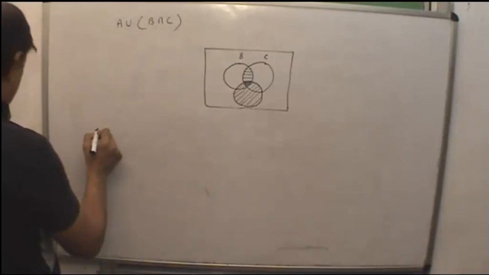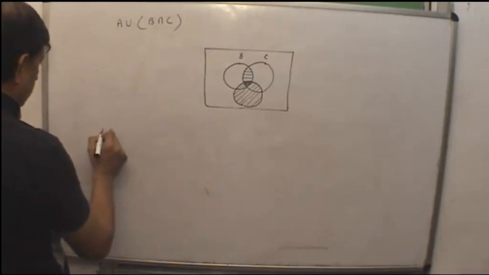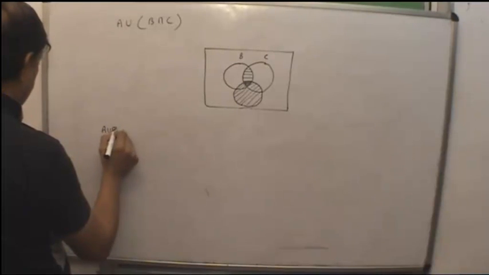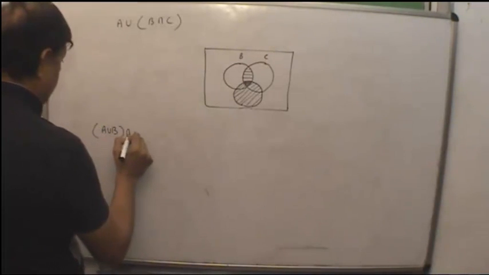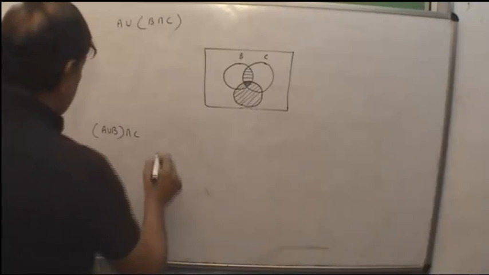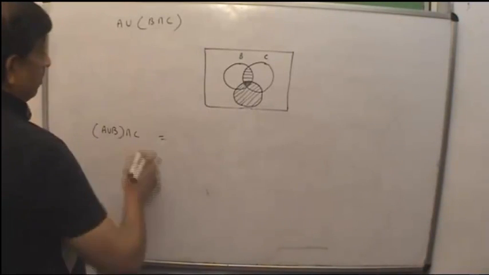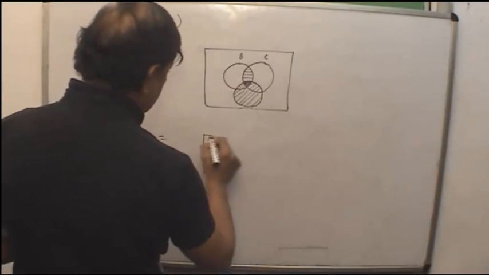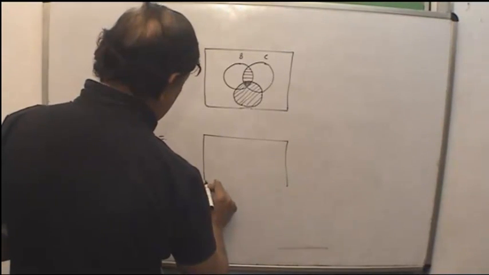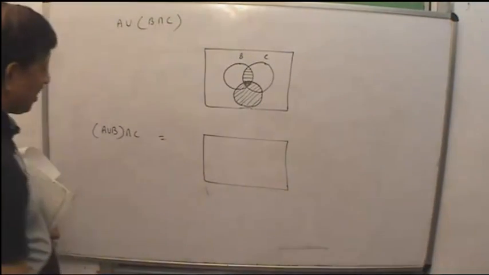Say A union B intersection C. Again we have three sets. Draw. Start with the bracket.